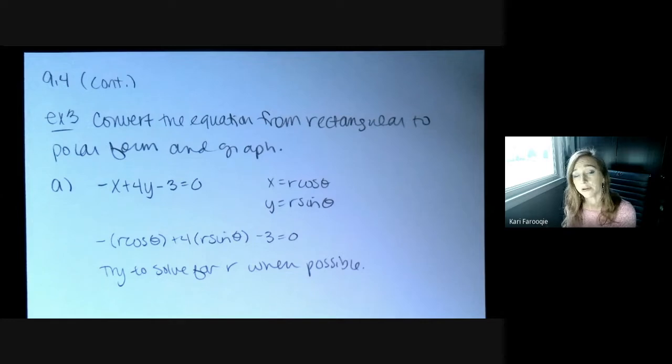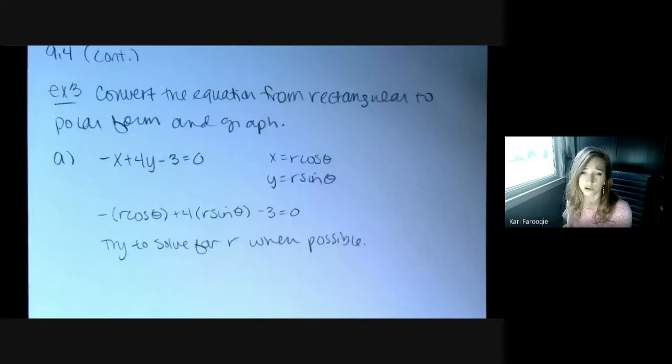Very similar to how when you're in function mode, you go to the y equals menu. A lot of times I don't even say go to your graphing portion of your calculator. I usually just say go to your y equals menu. With polar form, it's an r equals. So if we can get this solved for r, it's very similar to what we would do with a function solving it for y. Normally with a polar graph we solve for r.